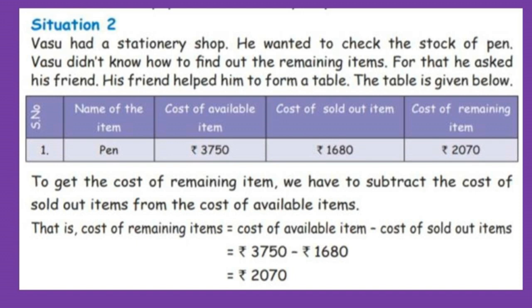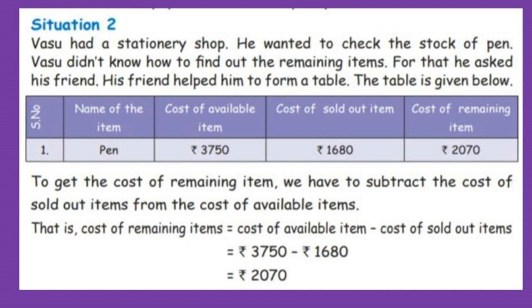First, they have written the serial number. Name of the item is pen. The cost of the pen is they bought for rupees 3750. And they sold the items, that is, for 1680 rupees they have sold everything.